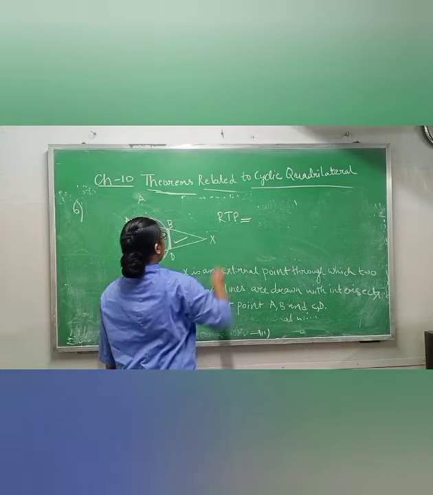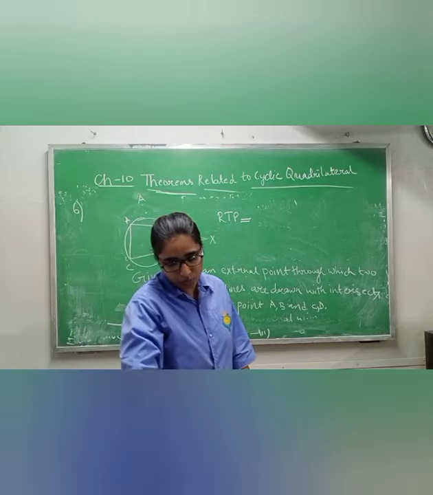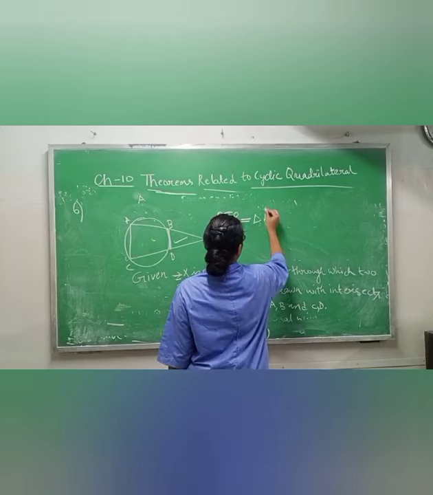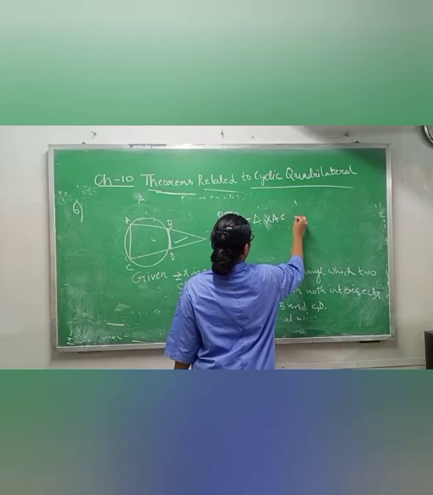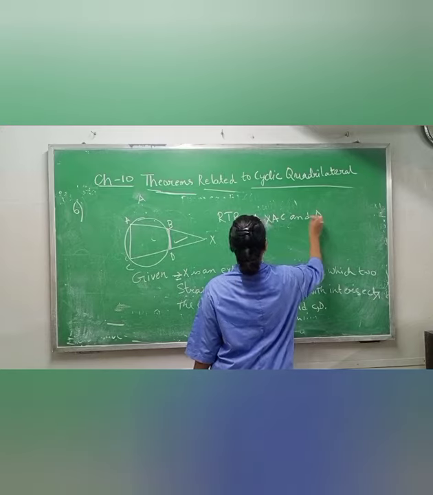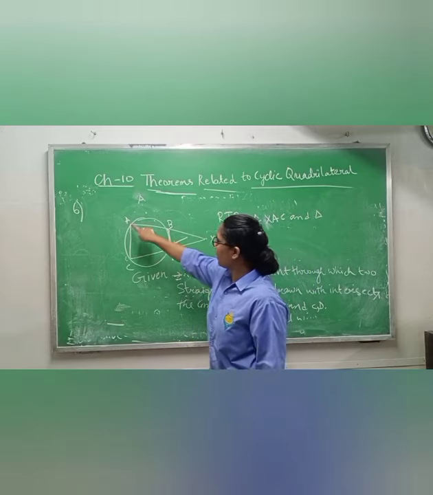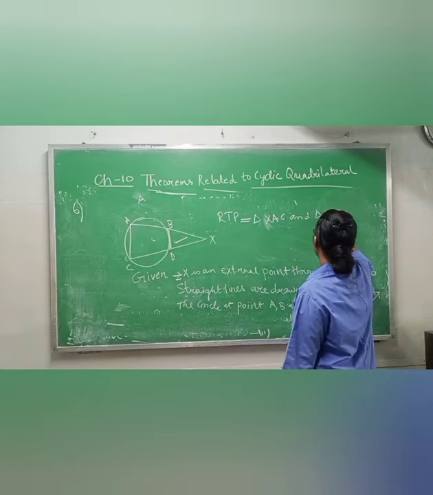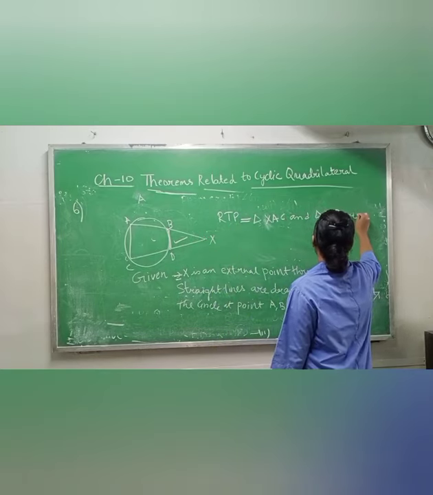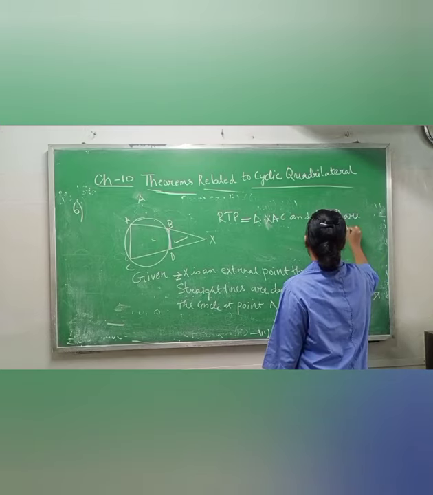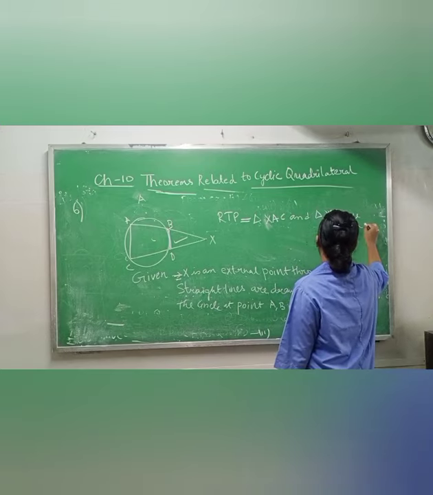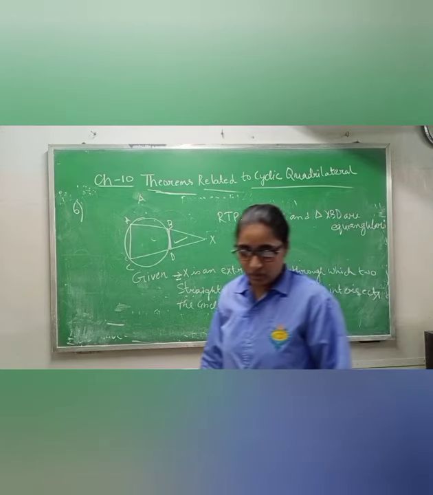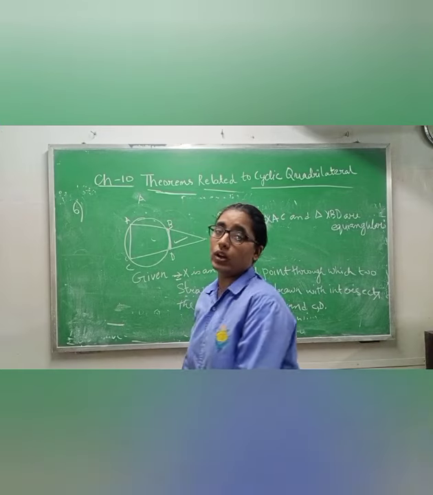In RTP, what they are saying you to prove: triangle XAC, this bigger triangle, and triangle XBD are equiangular, means their angles will be equal.